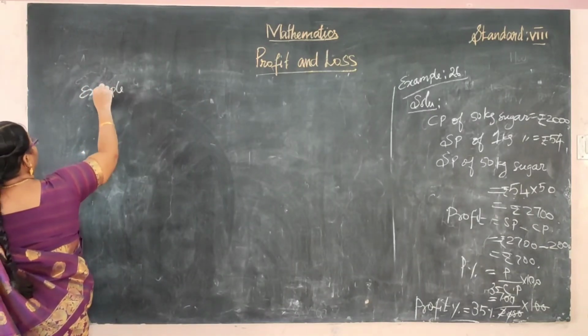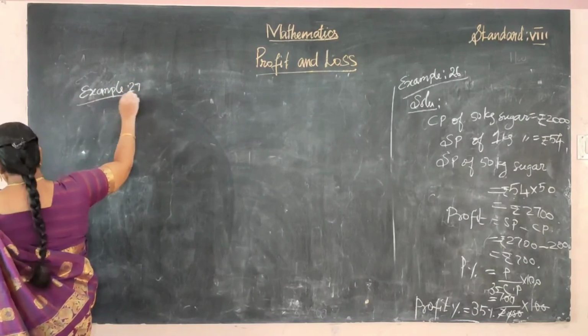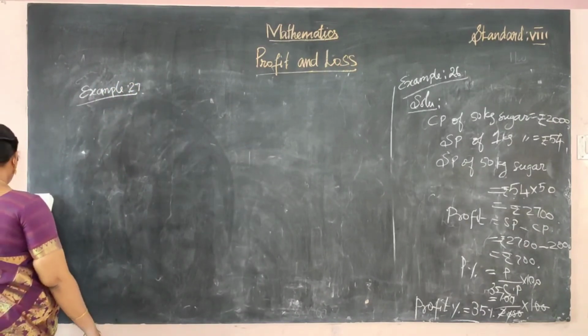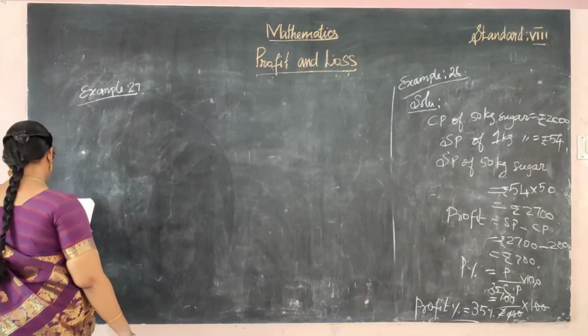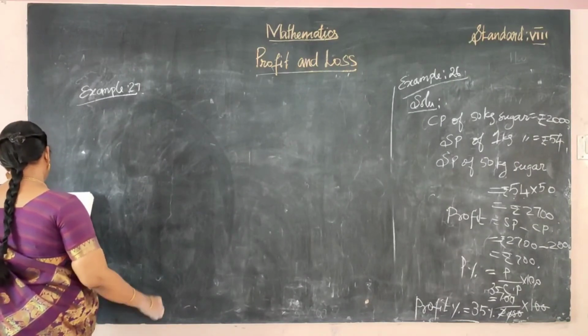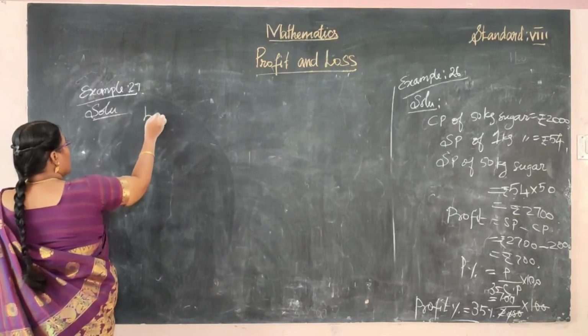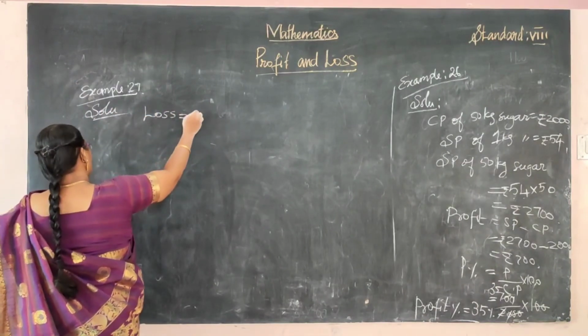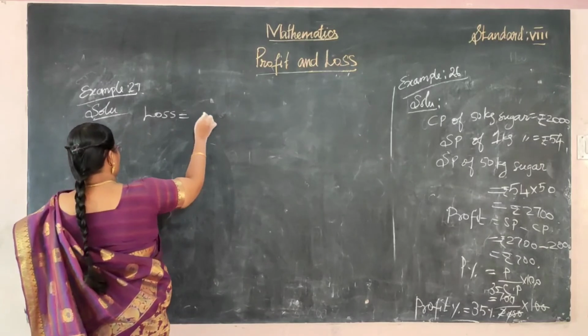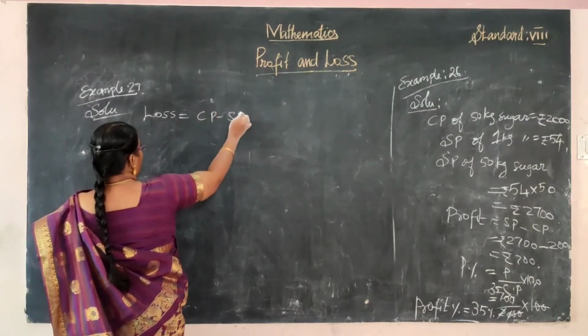Example 27. So what are the data given? Loss is given. First write the formula. What is the formula for the loss? Loss equal to cost price minus selling price.